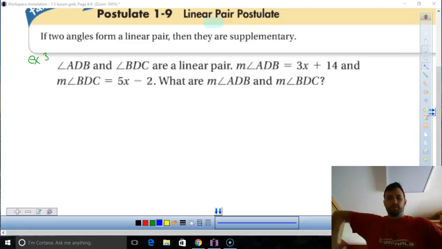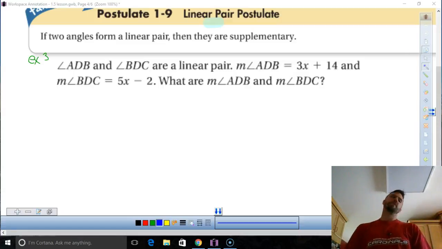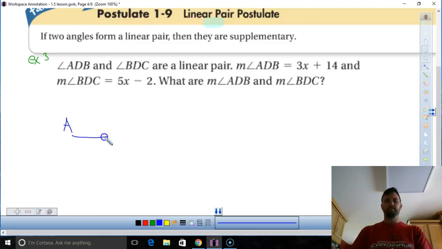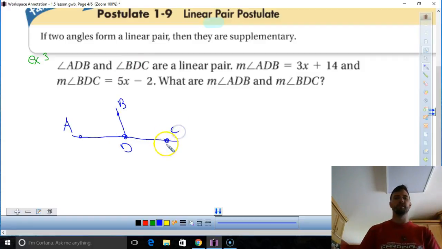Okay, so I'm gonna draw a picture first. So I have A, D, B. There's a BD over here, so I'm gonna draw it over to C, because they form a linear pair.